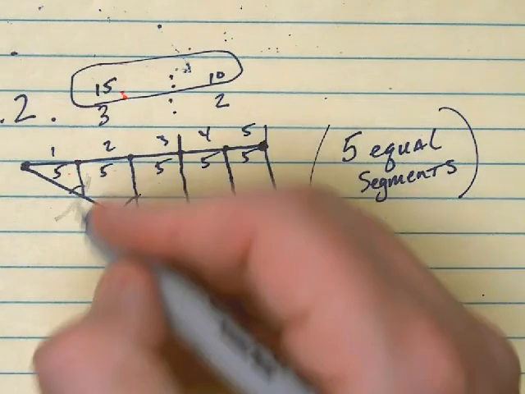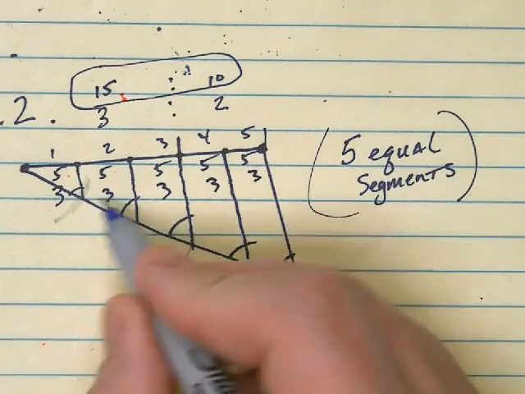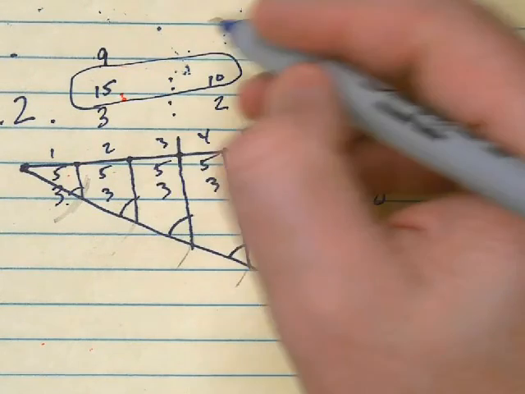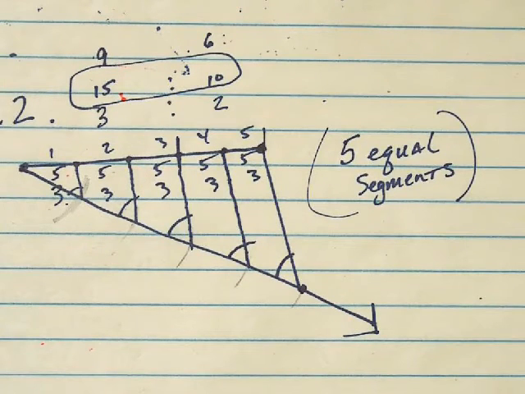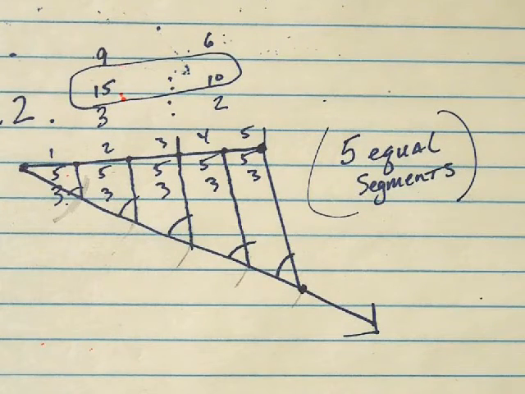Doesn't matter. 3, 3, 3, 3, 3. 3 plus 3 plus 3 is 9. 3 plus 3 is 6. Isn't that also in the... Aha. Would not matter what length I said that those segments are. Because they're 5 equal segments, I can say they're in the 3 to 2. Or 2 to 3, whichever way I want to look at it. 4 to 1. Well, I can look at that one too.